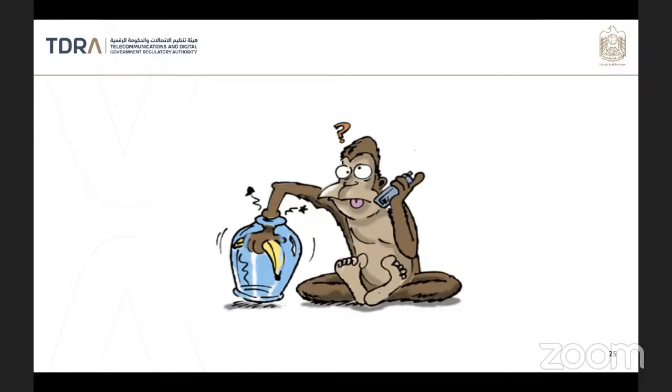So if you have a lot of ideas, don't try to implement all of them. This is the moral here. You know, when we are young and they put sweets in a jar, we always go and try to get a grip of a lot of them. But we find out that if we want to get all of them, our hand cannot get out of the jar.